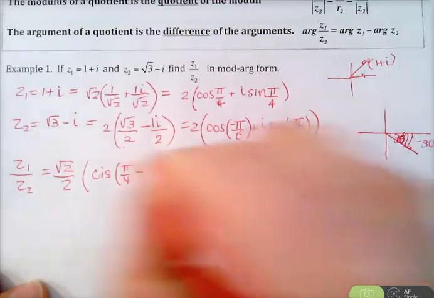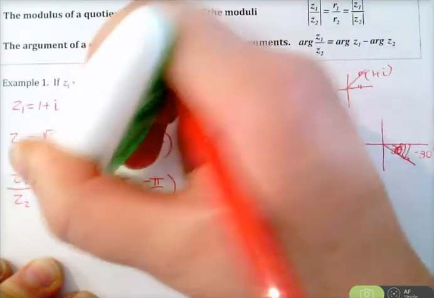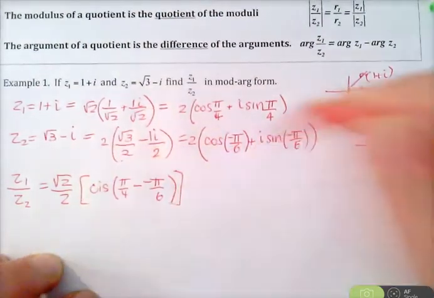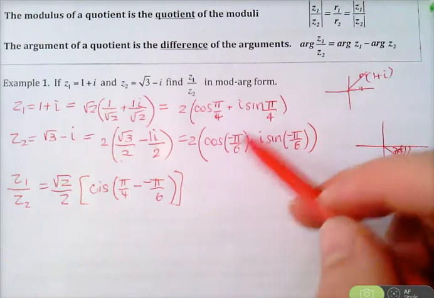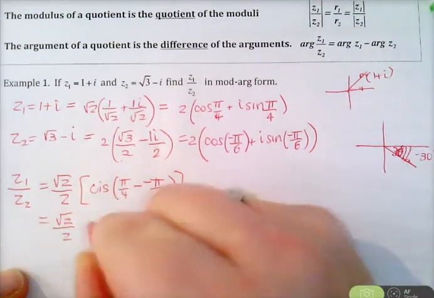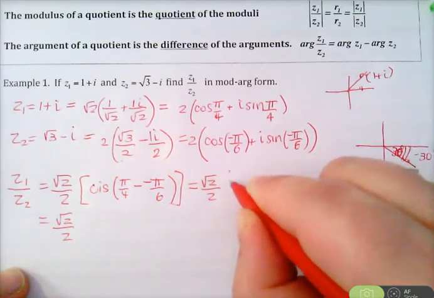So just be careful. It's the argument of the first one, take away the argument of the second complex number. So it's pi on 4, take away minus pi on 6. Now that is the same as root 2 on 2 cis.